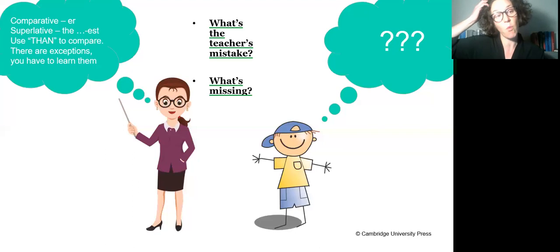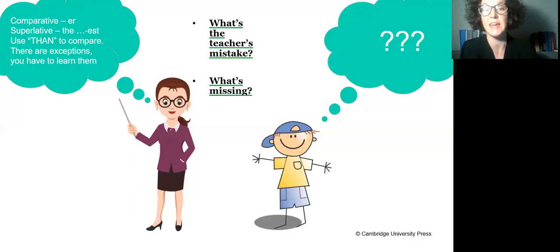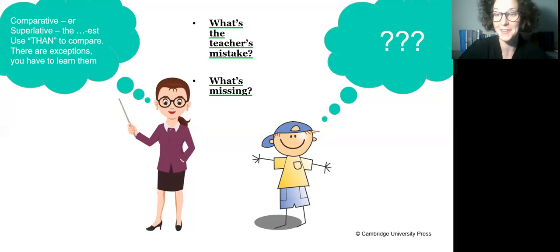Let's think, what is the teacher's mistake and what is missing in this chain of actions? Examples. Perfect. What else?